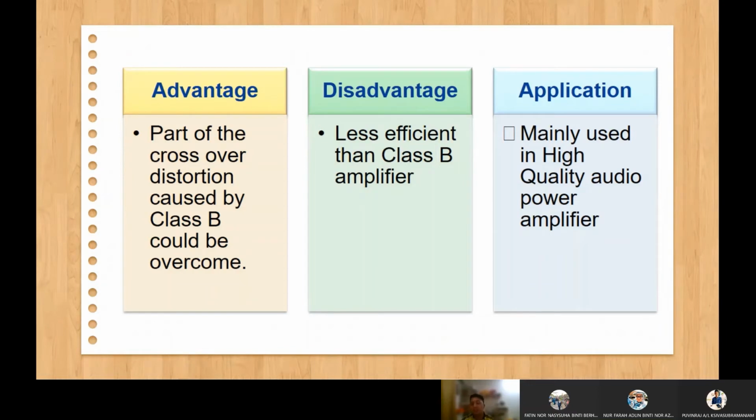The application of class AB amplifier in our daily life is mainly in high quality audio power amplifiers, because AB amplifier produces high quality output as it has low crossover distortion and high linearity similar to the class A. Okay, that's all from me.